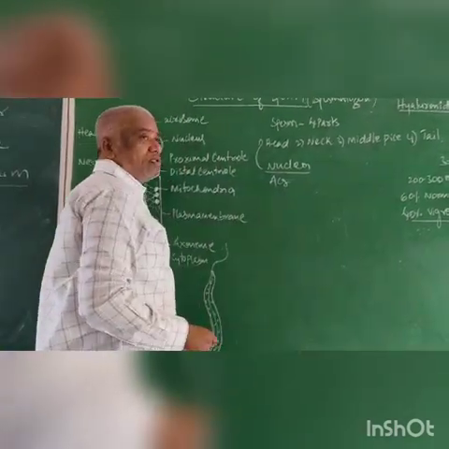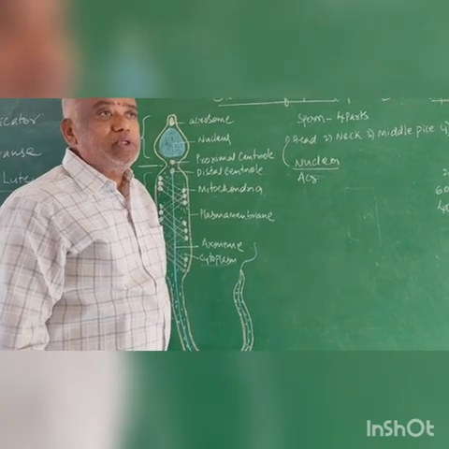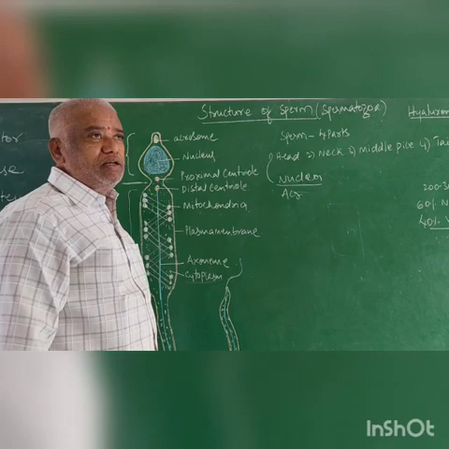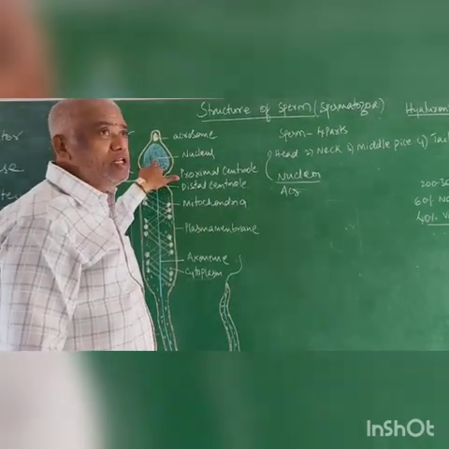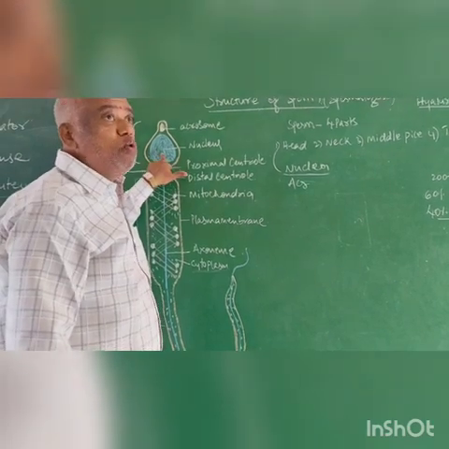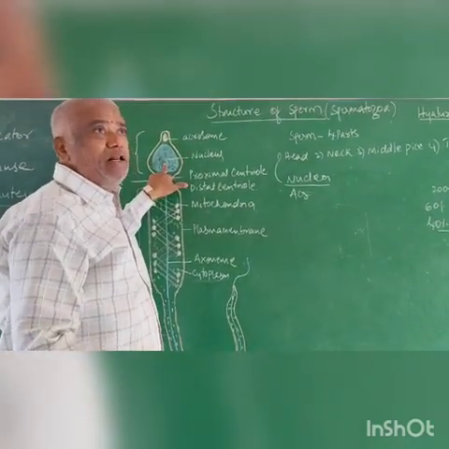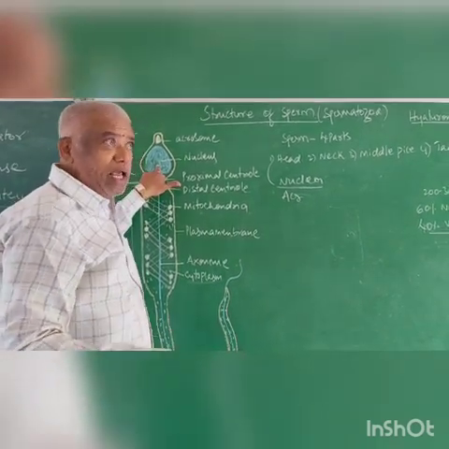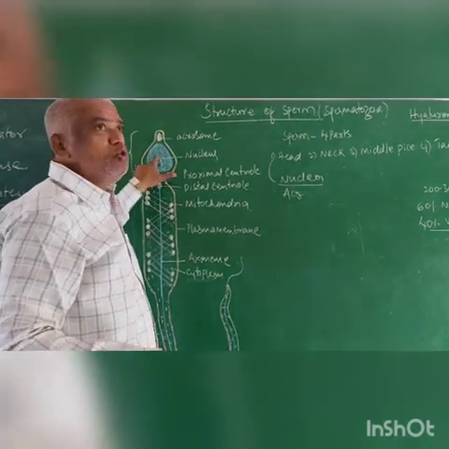The nucleus contains parental, especially the father's, haploid genetic material. The genetic material belongs to whom? Father, paternal. So the paternal haploid genetic material is present in the nucleus.